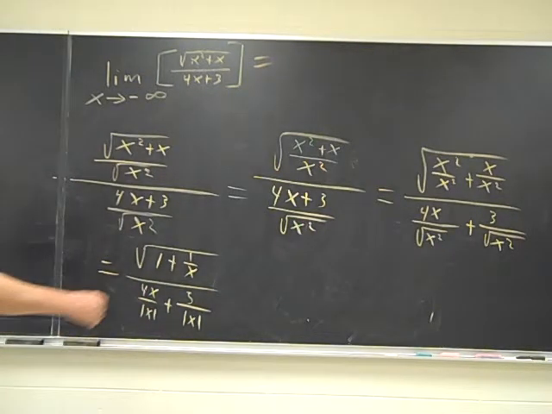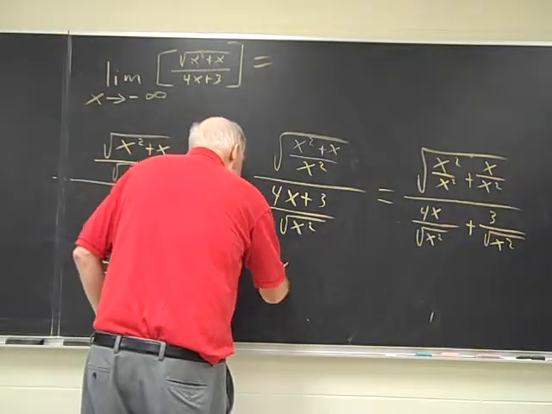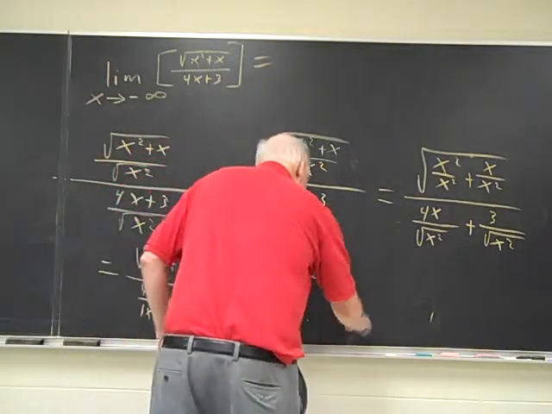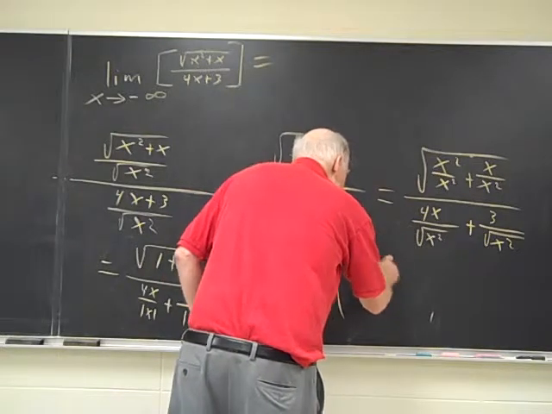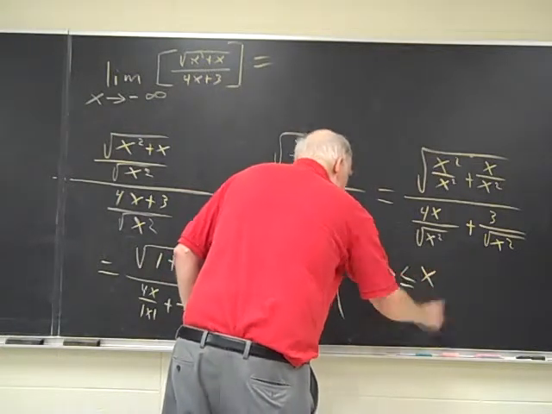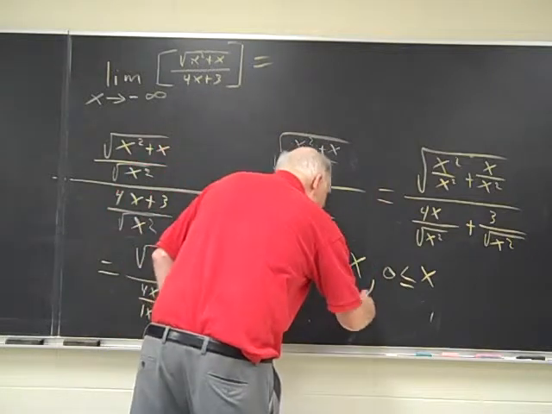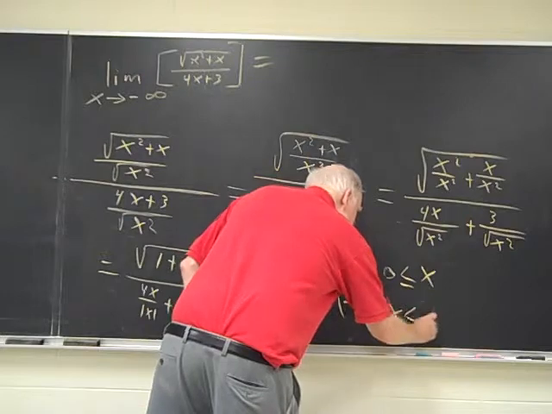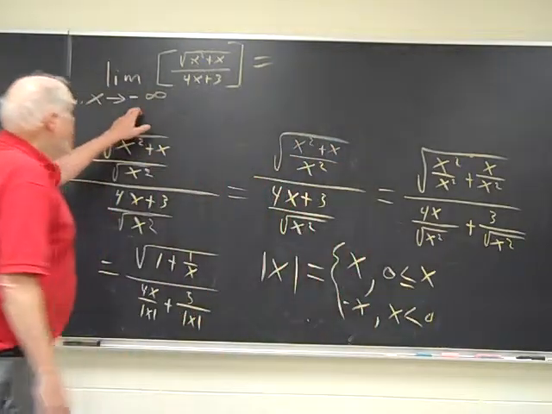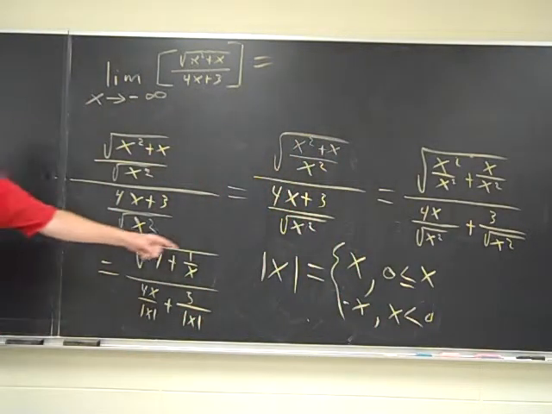But I know that the absolute value of x equals x if x is greater than or equal to 0, and negative x if x is less than 0. Well, we're going to negative infinity, aren't we? So it's negative x.